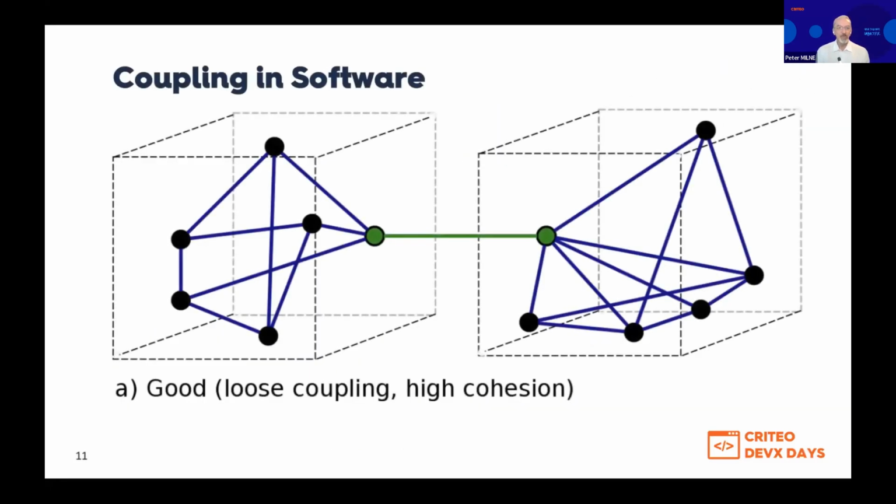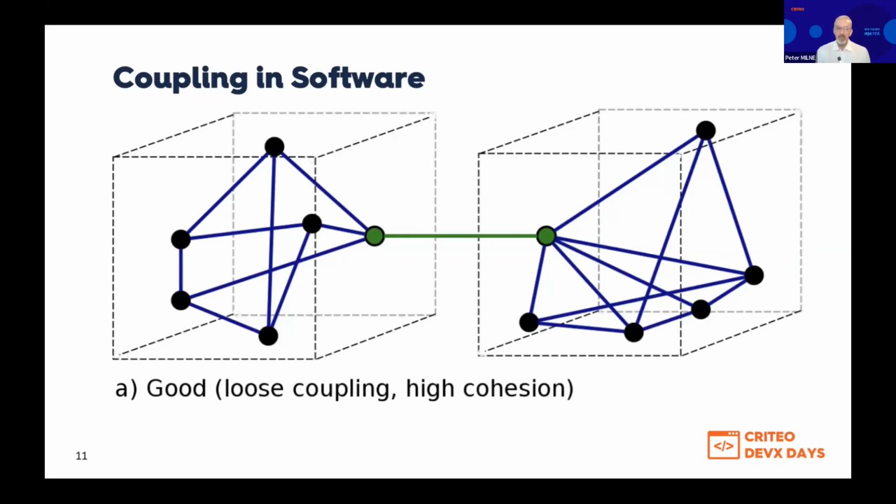We'll talk about software coupling. So if you imagine these two cubes as being modules, you can see that there is loose coupling between the modules, the green line, and high cohesion inside the module. So the green line could be a subroutine call, or it could be an API call, or it could be a message on a Kafka queue, something like that.